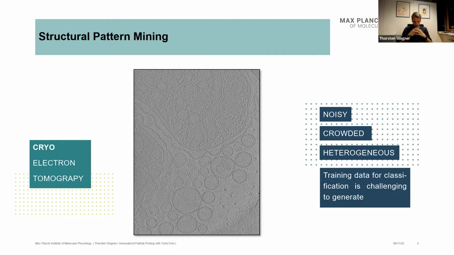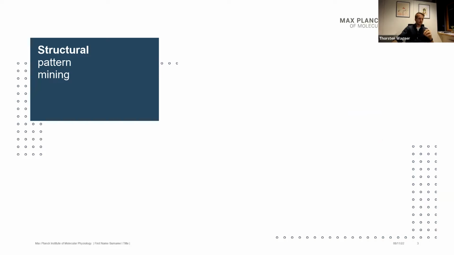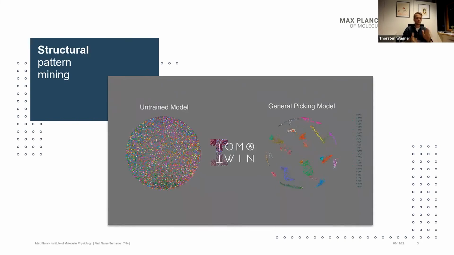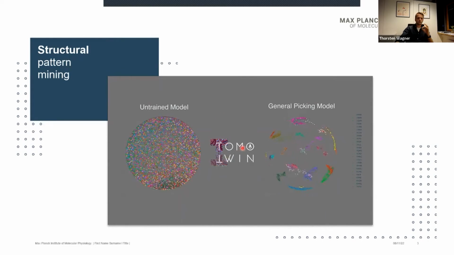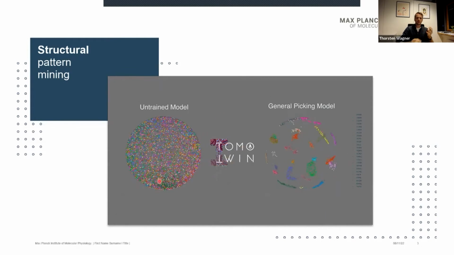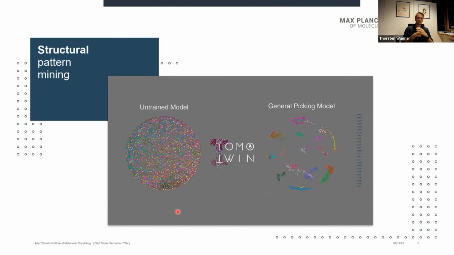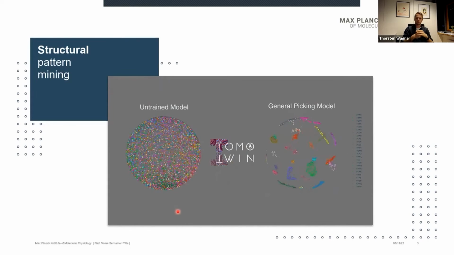So for that reason, we want to go a different way. We want to find a certain representation of the tomogram that helps us to identify proteins quickly without additional training. So here we have our spinning spheres, and each point here represents one specific protein.